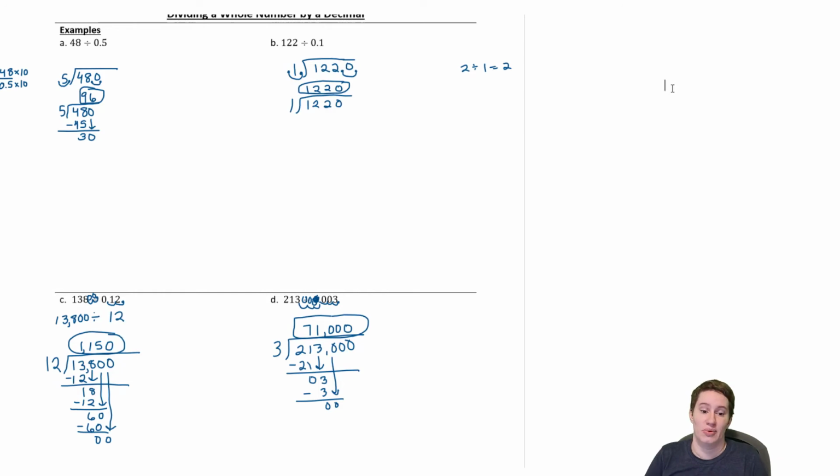And so because, for instance, 0.003 was super duper small, there are a lot of 0.003s inside the number 213. So we got a really big answer. So that's just something to help you look and think, oh, I think I maybe got this right because of how big the number is, or maybe I got it wrong because the number is not bigger than it started, or things like that.